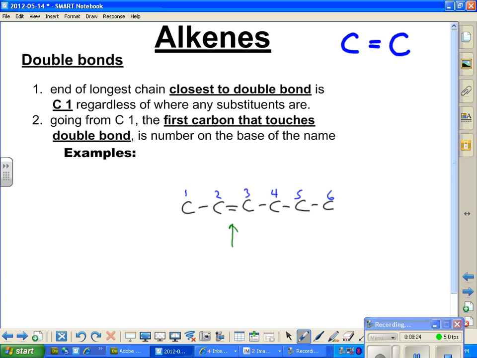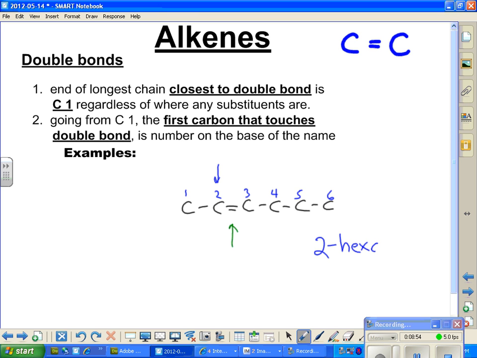And so now, what is this second one all about? Going from carbon 1, the first carbon that touches the double bond is number 1 on the base of the name. What does that mean? That means that carbon 2 right here is on the front end of the name, and 6 carbons in the chain, so that's a hex for 6.